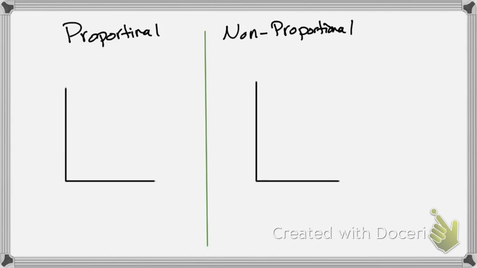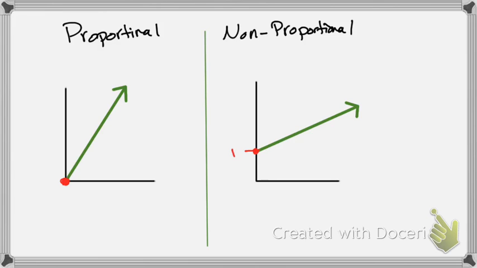In the proportional graph, you're always going to start at 0 and your line is going to go up from there. In a non-proportional graph, you're always going to start somewhere else other than 0, 0. So proportional, they start at 0, 0. Non-proportional, they don't start here. They start somewhere else, like in this case, right here.